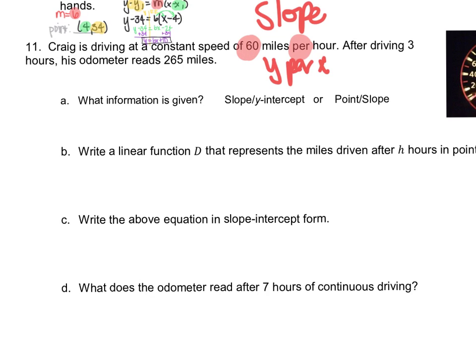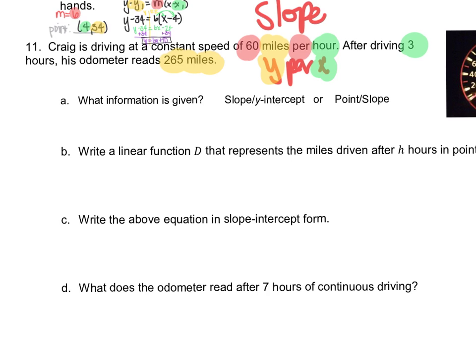Then it says after driving 3 hours, his odometer reads 265. So notice if this is my y's, which is my miles, per my x's, which is my hours, then I already know that my hours is 3, my x's are 3, and my miles is 265, which means my y is 265.